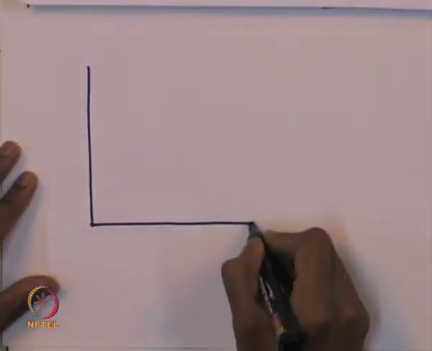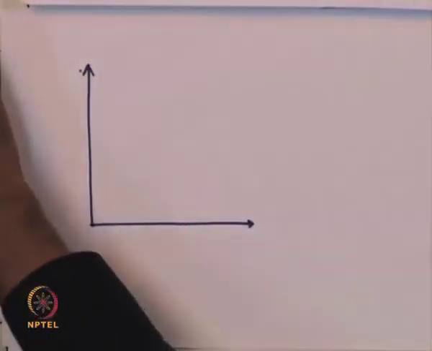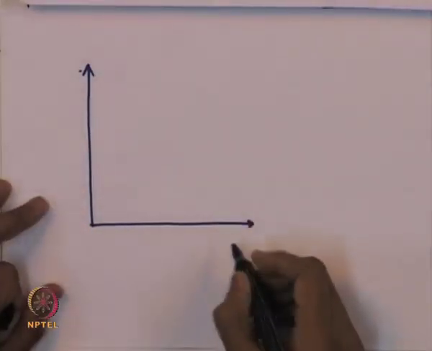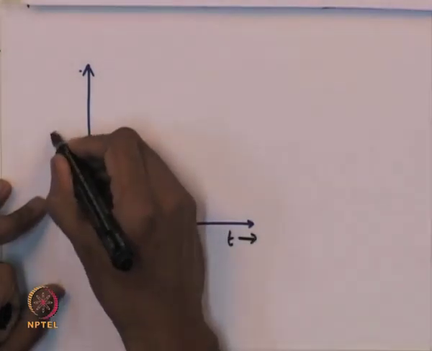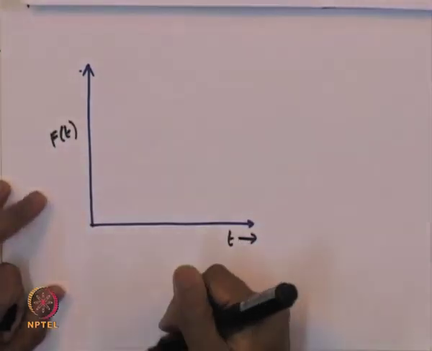Now let us compare the distributions of these three modes of operation for a tubular reactor. Suppose this is the time axis and this is f of t, which is the F curve.